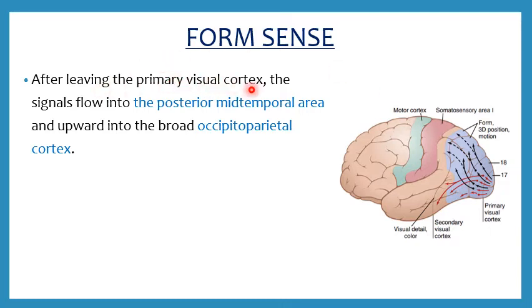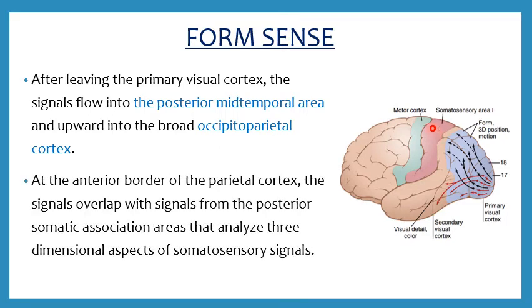From the primary visual cortex, signals flow to the posterior mid-temporal area and upward into the broad occipito-parietal cortex. From there it interacts with the signals at the somatosensory cortex, and like that they are able to analyze the three-dimensional aspects of somatosensory signals.